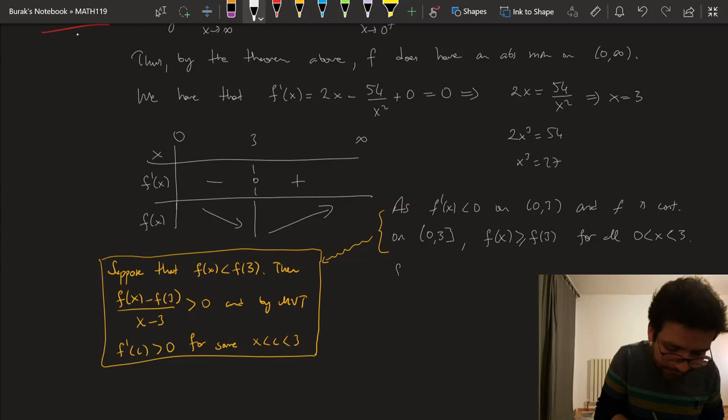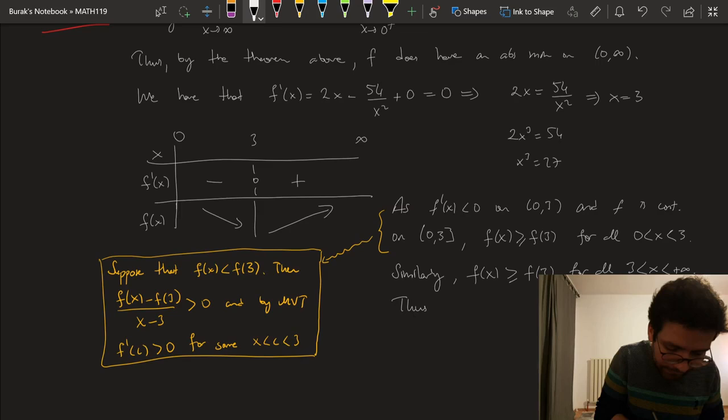And similarly, you can show that f of x is greater than or equal to f of 3 for all x between 3 and infinity.